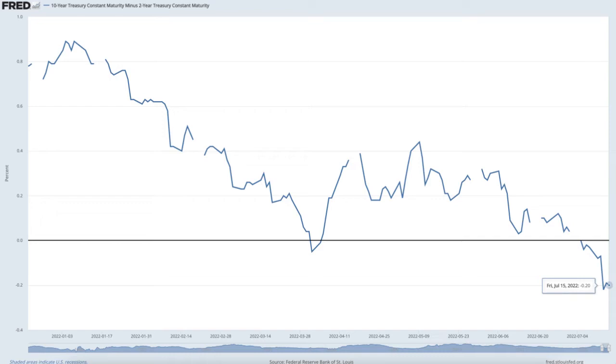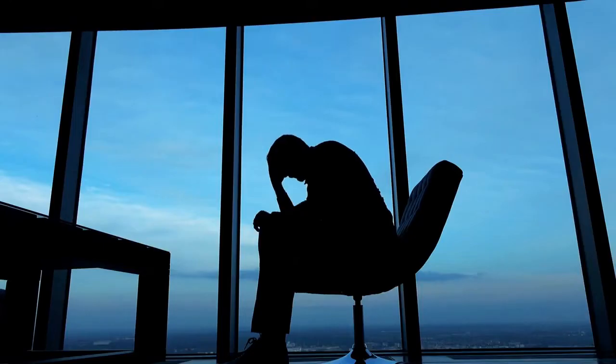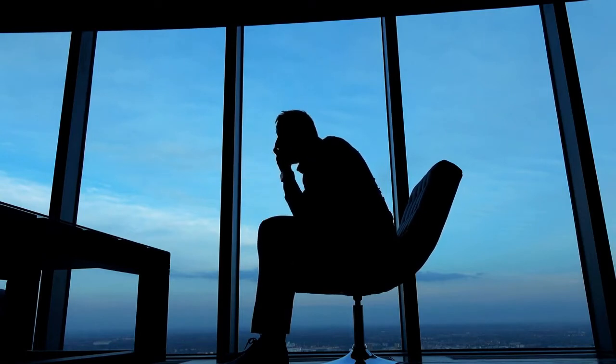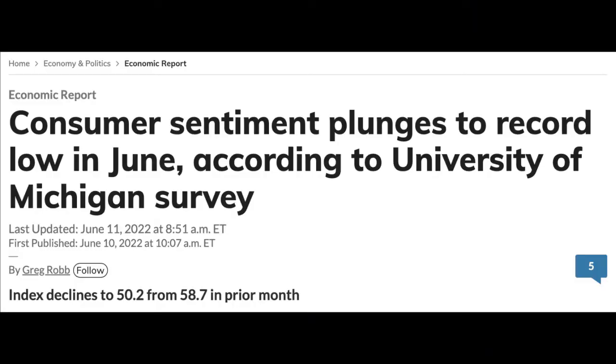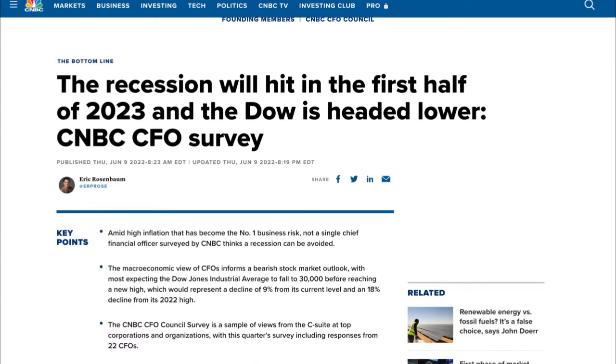But now it's inverted and has been for most of July so far, which is not a good sign for the economy and reflects that bond investors may be preparing for a possible economic recession, within the next year or two. This coincides with record low consumer confidence data and growing expectations among business executives that we may be heading into a U.S. recession. So the bond market is not alone in this expectation either.